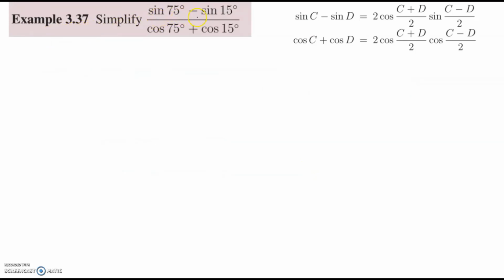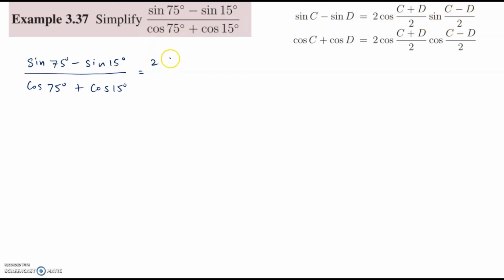Example 3.37. Simplify sine 75 minus sine 15 degrees divided by cos 75 plus cos 15 degrees. The formulae that we will be using here are these two formulae. So the expression that needs to be simplified, sine 75 degrees minus sine 15 degrees divided by cos 75 degrees plus cos 15 degrees, will be written with the numerator as 2 times cos of (c plus d) by 2, sine of (c minus d) by 2.